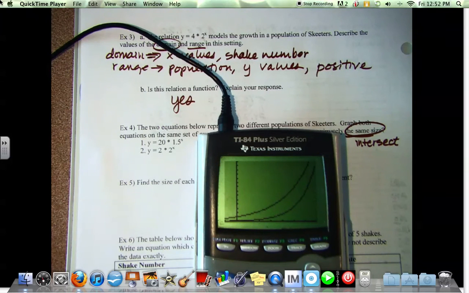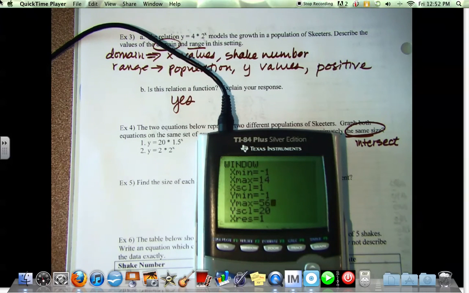Do we see them crossing? No. All right, so that means we need to make the window bigger. So let's increase our x a little bit, maybe double it to 14, and maybe double our y max.